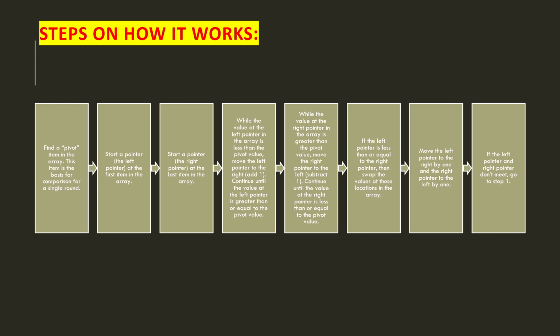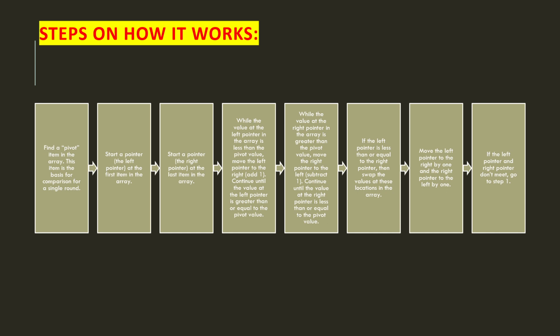So what it says here is that if the left pointer value is greater than the right pointer value, then we can swap the values. And next, move the left pointer to the right by 1 and the right pointer to the left by 1.